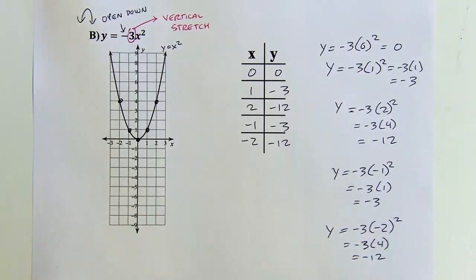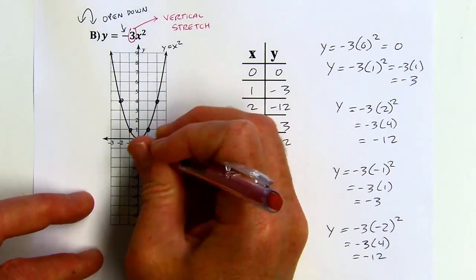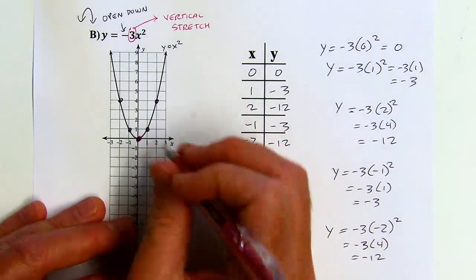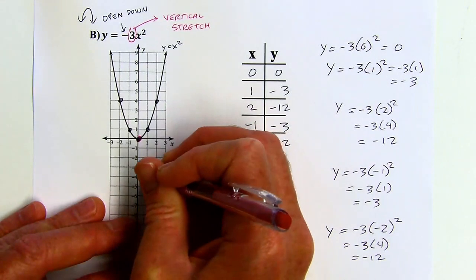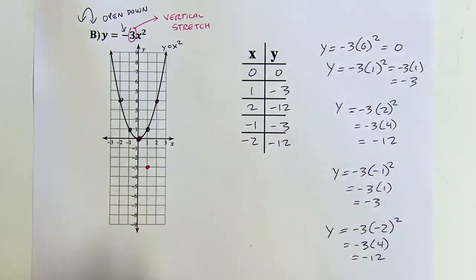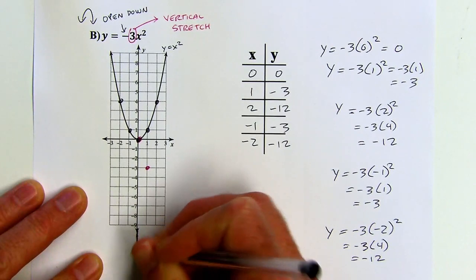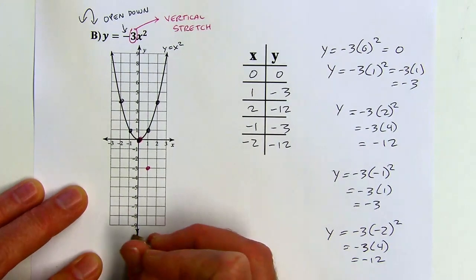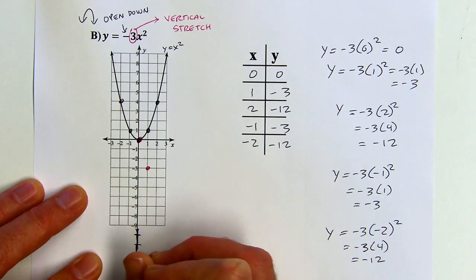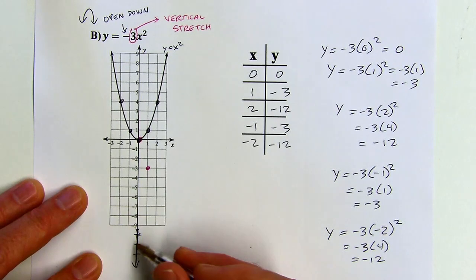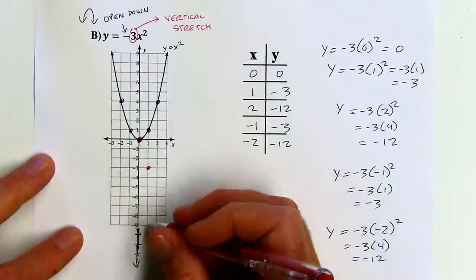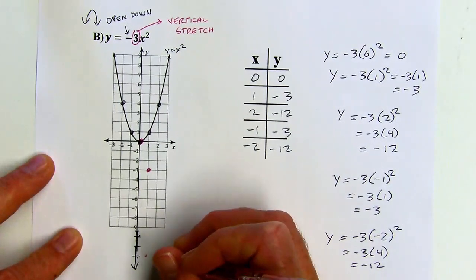Okay, so let's start plotting these. So I've got 0, 0, I've got 1, -3, and then I've got 2, -12, and I didn't leave myself quite enough room on this graph, so let's extend this a little bit. I'll fix that on the note-taking guide. So 10, 11, 12. Okay, so I do have enough room. Whoops, should have been right there.